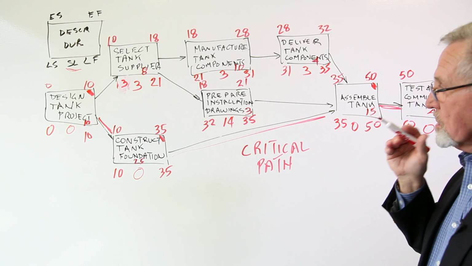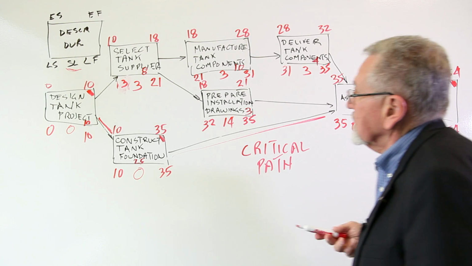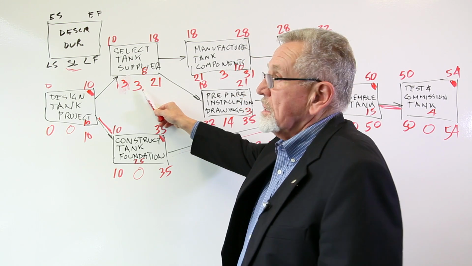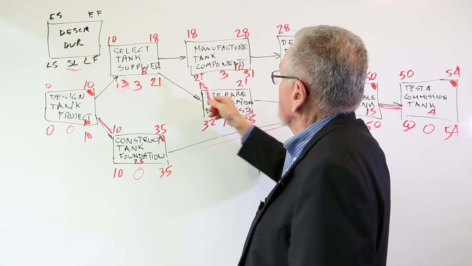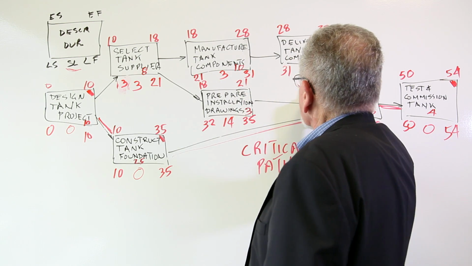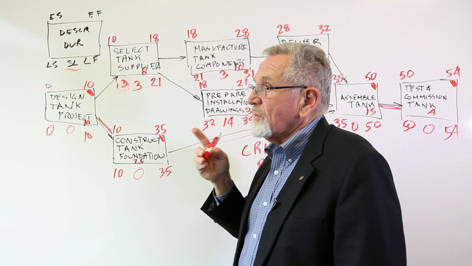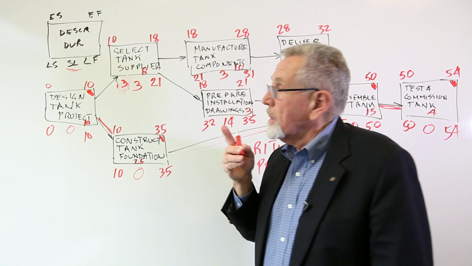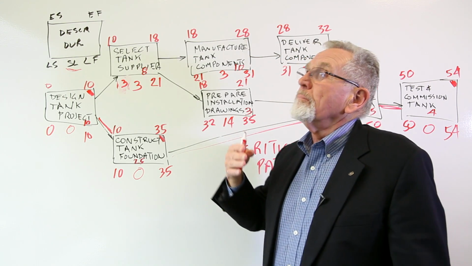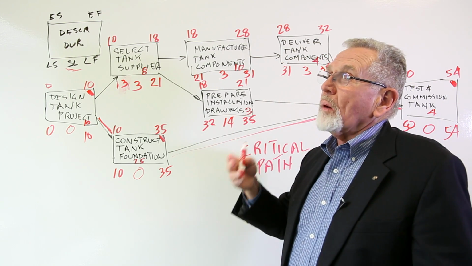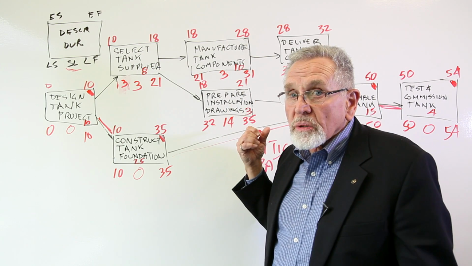Now, one caution on that, and that is this activity has 3 days slack, this has 3 days slack, this has 3 days slack. But remember, we define that slack as the amount that an activity can slip beyond its early time without impacting the total project duration.